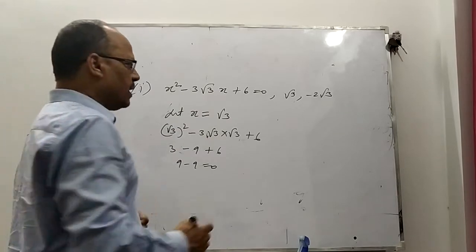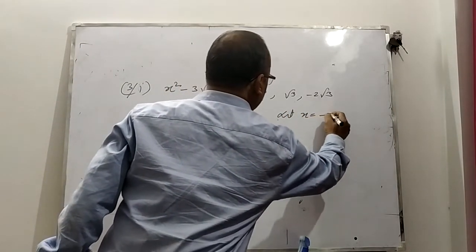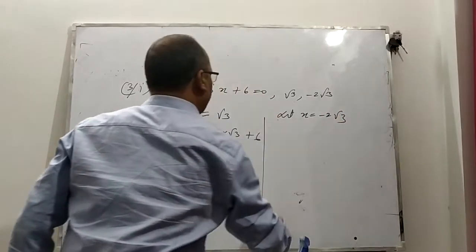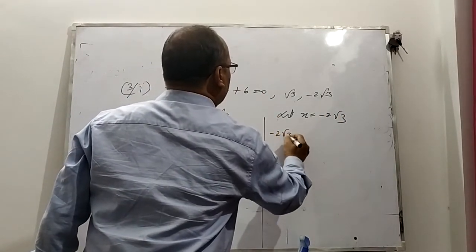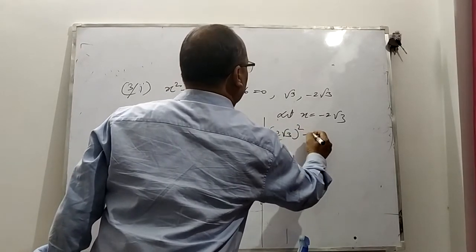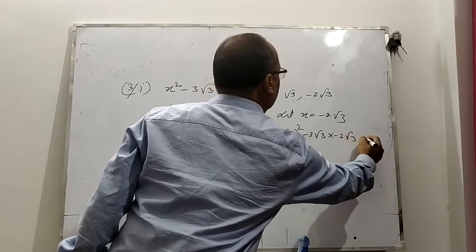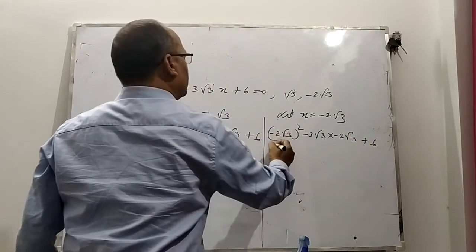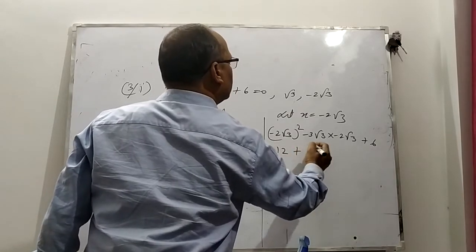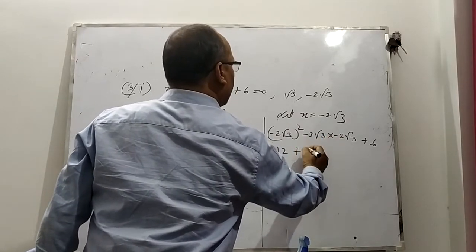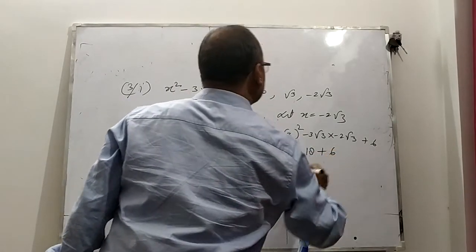Is it clear? For the other value, let x equal to minus 2 root 3. You will write here: minus 2 root 3 whole square minus 3 root 3 into minus 2 root 3 plus 6. 12, 18 plus 6.